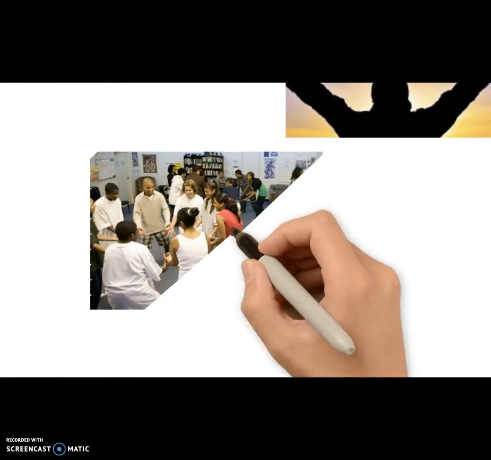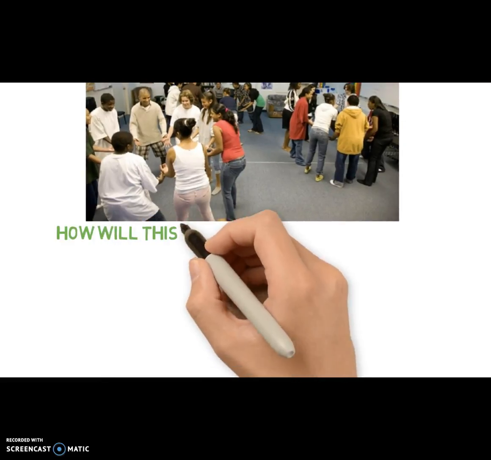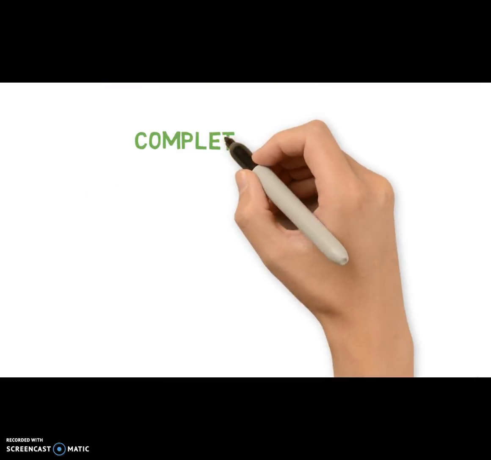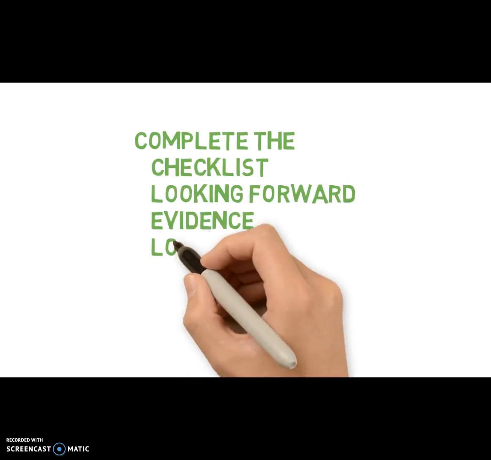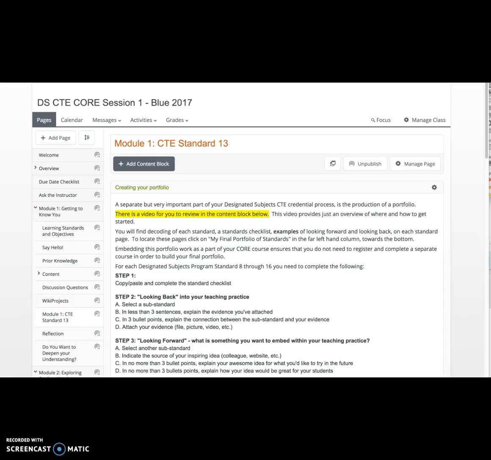And last but not least, share with us how this will be great for your students. So for each standard, you'll complete the checklist, looking forward, evidence, and looking back for standards 8 through 16. As mentioned before, you'll find a review of what is required for each standard and a lot of support as you go to the standard page within each module.